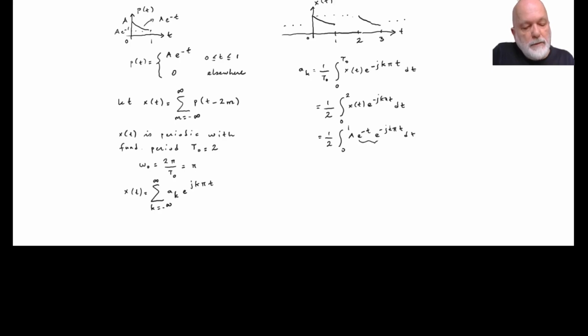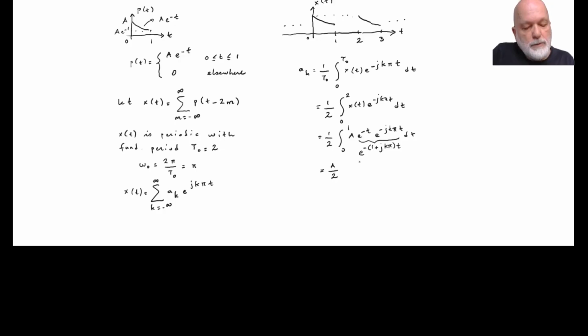Okay, we can combine these two exponential functions as e to the minus (1 plus j k pi) t, and then integrate. Okay, a is constant, so it can be taken outside.